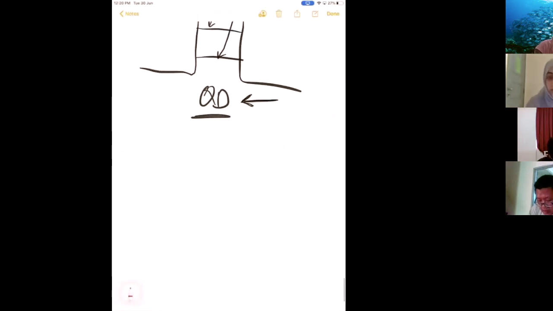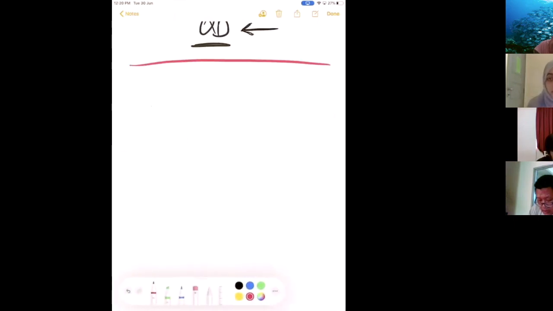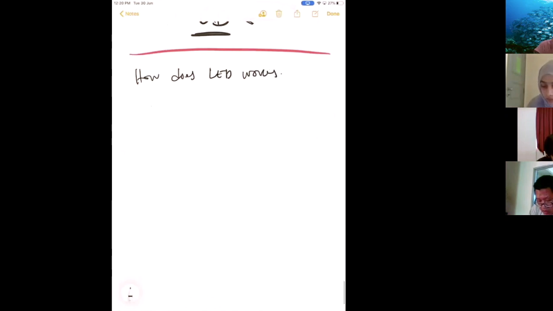I'm drawing the P, and if it's a forward bias, the Fermi level of the N should be slightly higher.